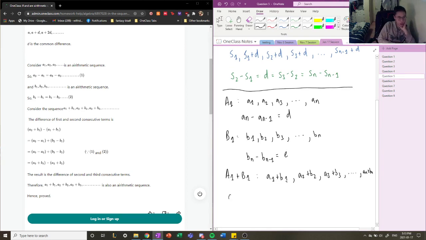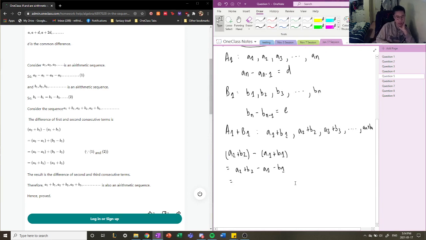If we break it out of the brackets, we have A2 plus B2 minus A1 minus B1, and we can rearrange this to be A2 minus A1 plus B2 minus B1.